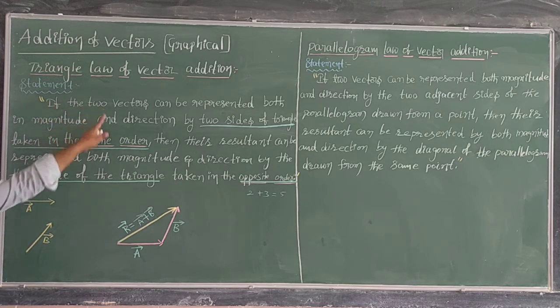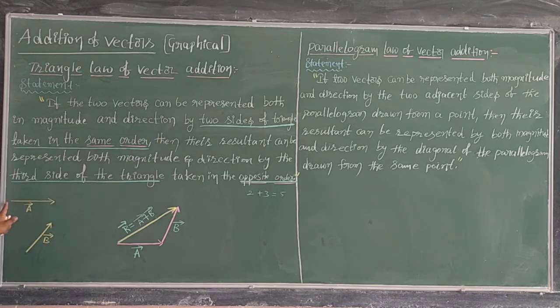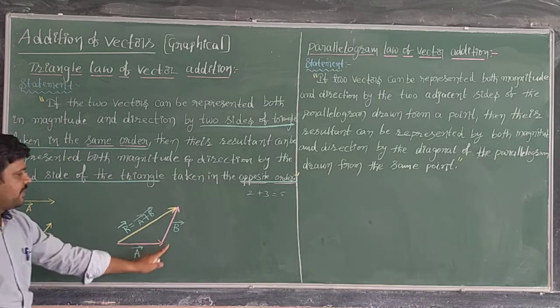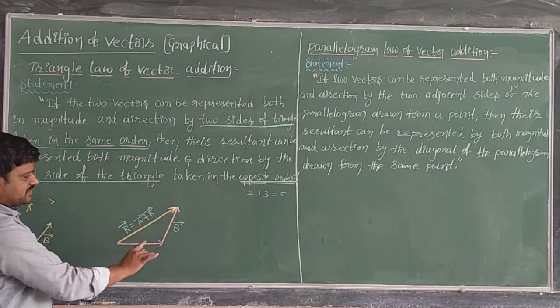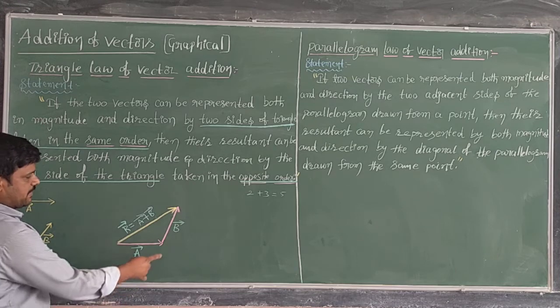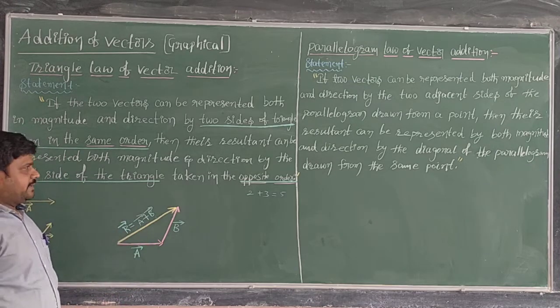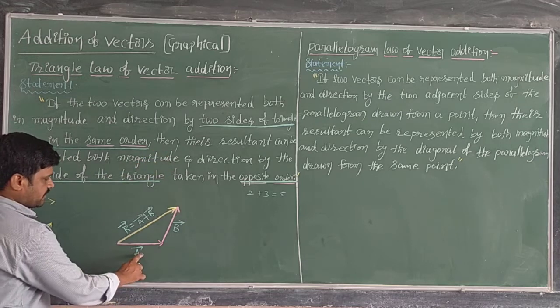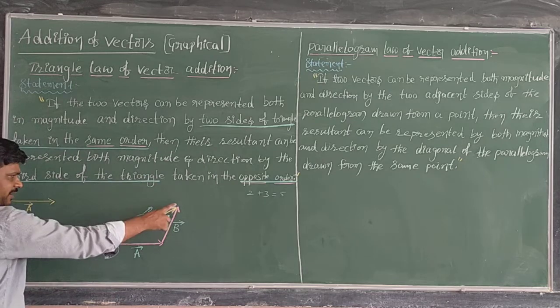If two vectors A bar and B bar can be represented both in magnitude and direction by the two sides of a triangle, this is a triangle only, taken in the same order, same order meaning tail is joined with head, then their resultant can be represented both in magnitude and direction.